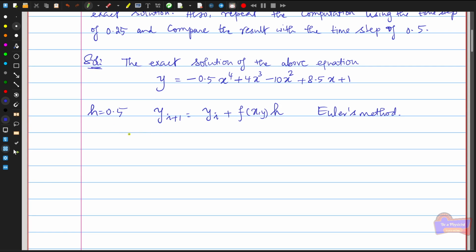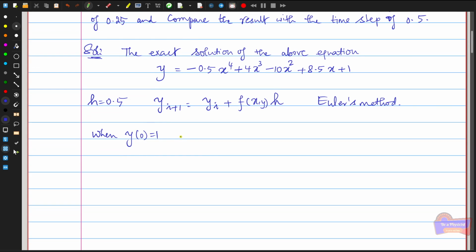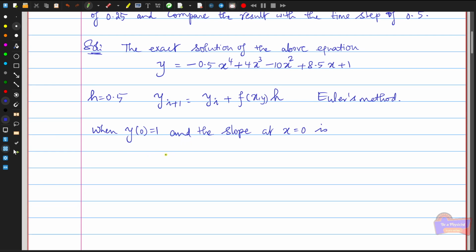First we have to find, when y of 0 is equal to 1, which is the initial condition, what is the slope f of x comma y. At x equals 0, we can substitute the values of x and y to find the slope f of 0 comma 1.